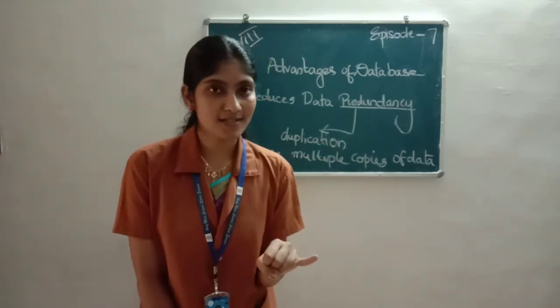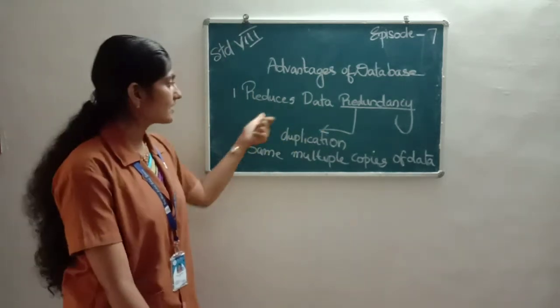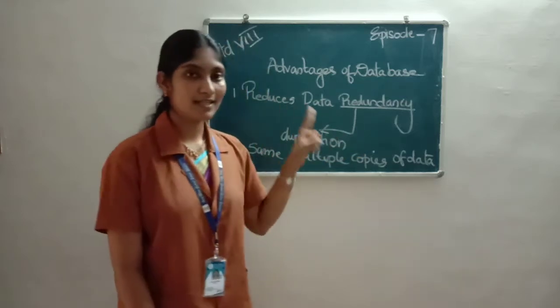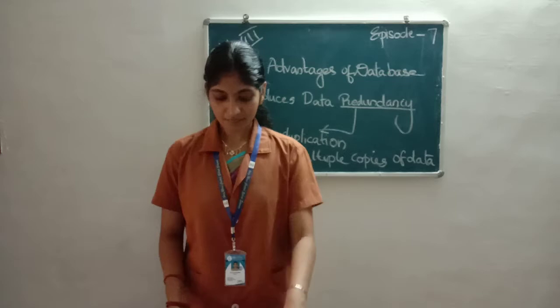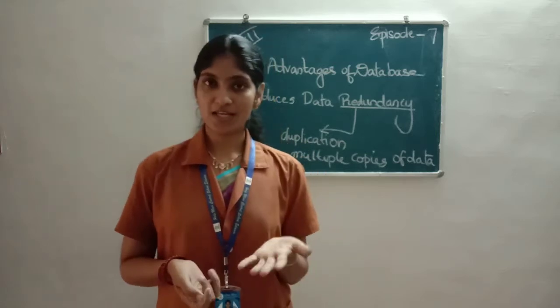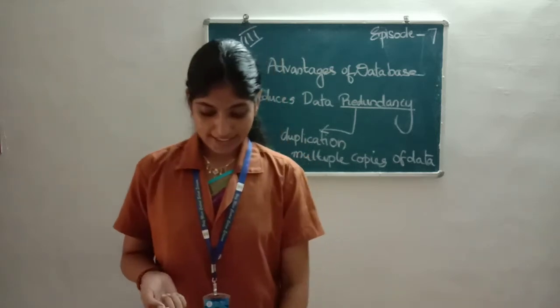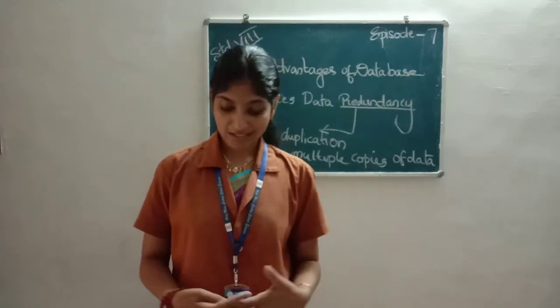So what is its first advantage? It reduces the problem of data redundancy. For example, if you need to enter an employee ID, that means employee identification number, and names of employees once in a file, the rest of the files can pick the employee name from this file by establishing a link to the field employee ID.